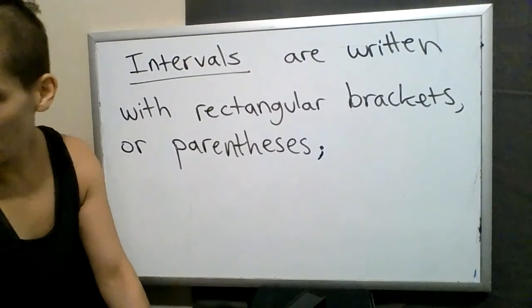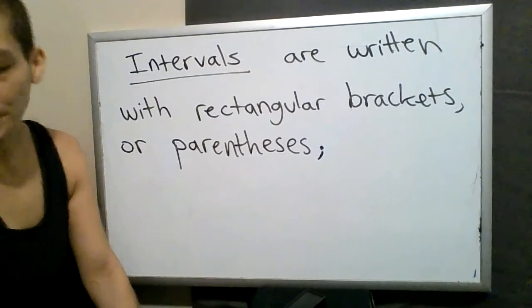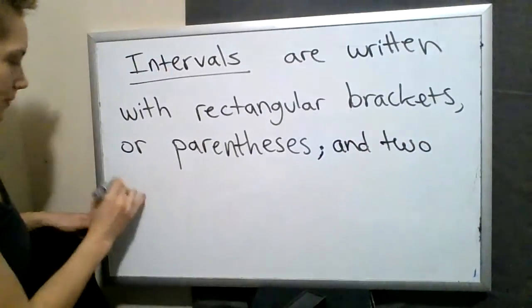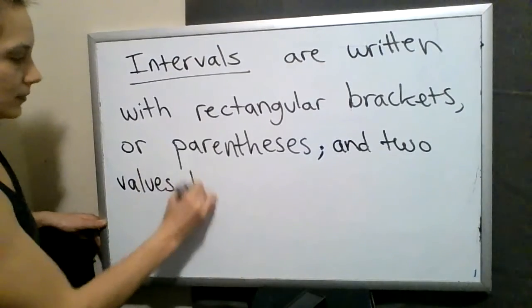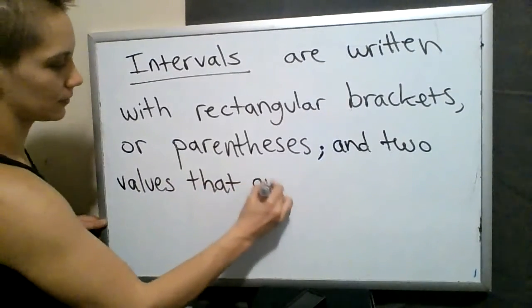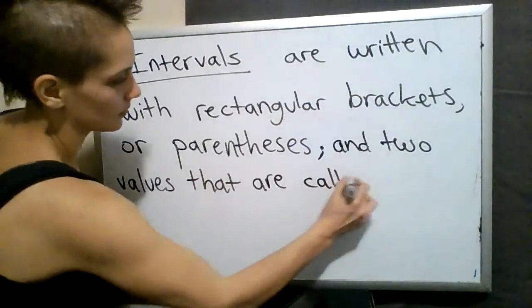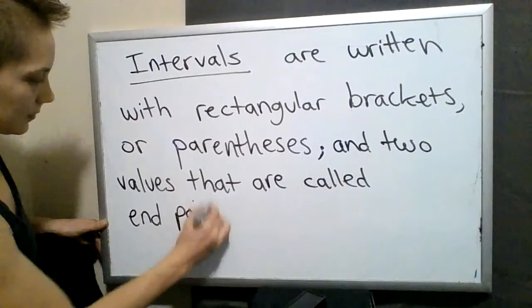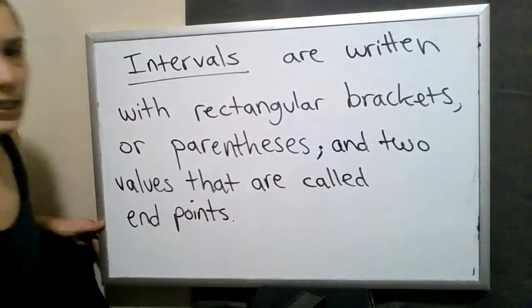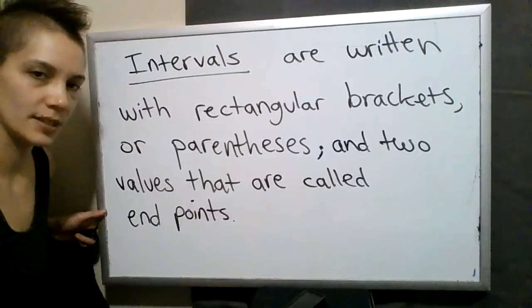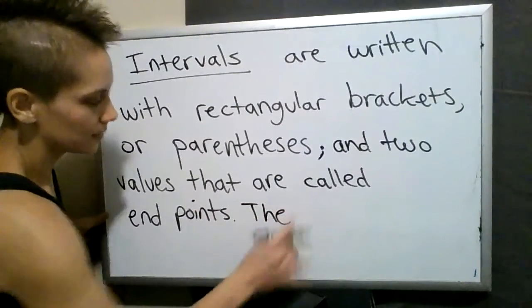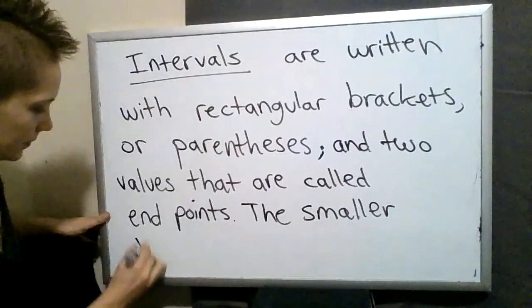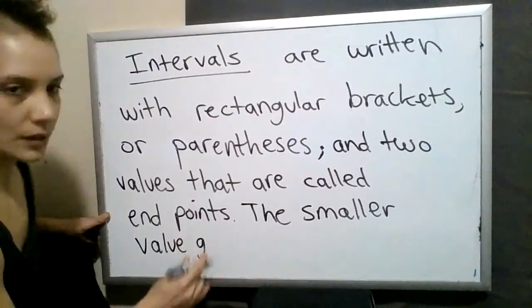Two values that are called endpoints. The smaller value always goes on the left. The larger value goes on the right.